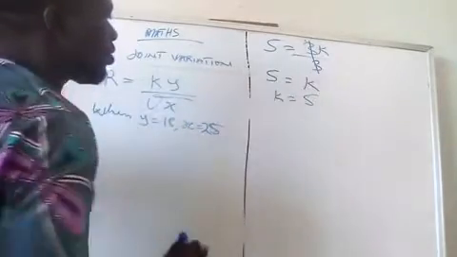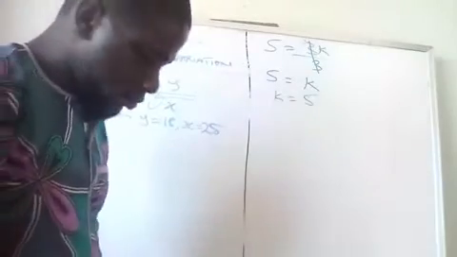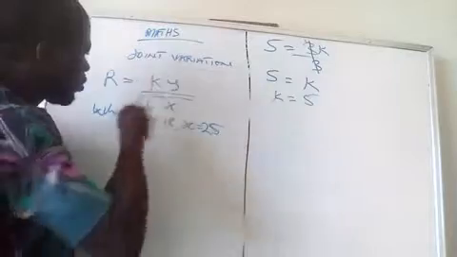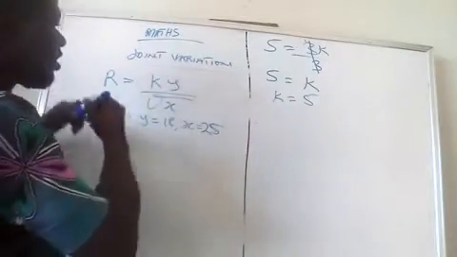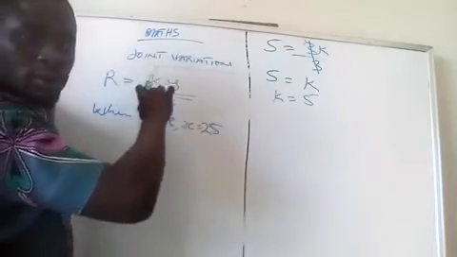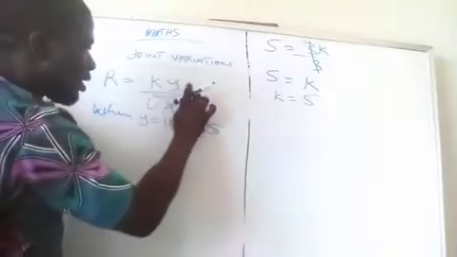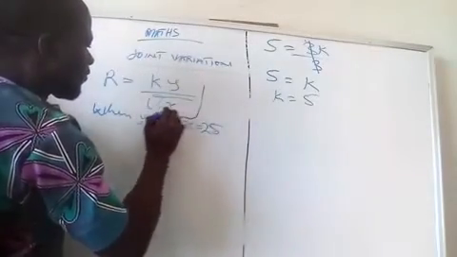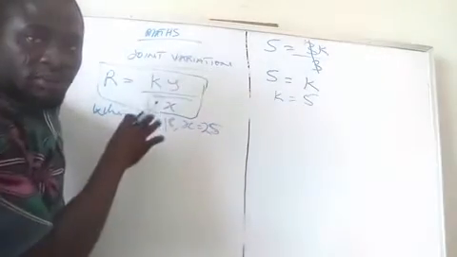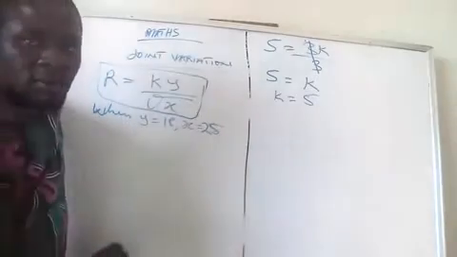Already we know the value of K. This is also called the relation of the variables, the relationship that exists between these variables.